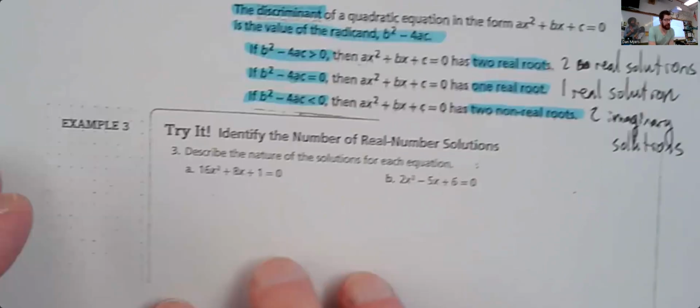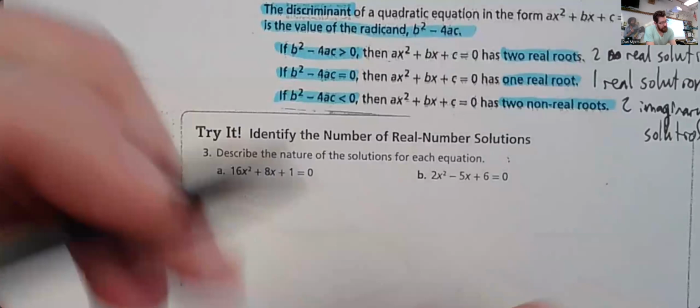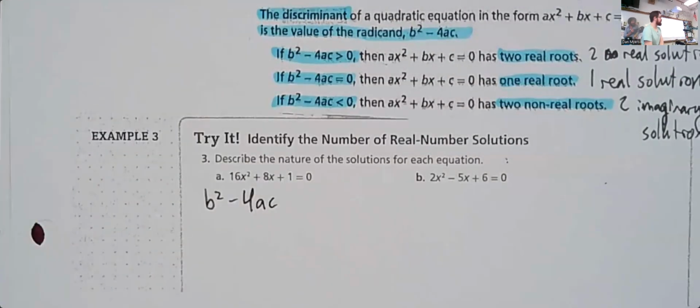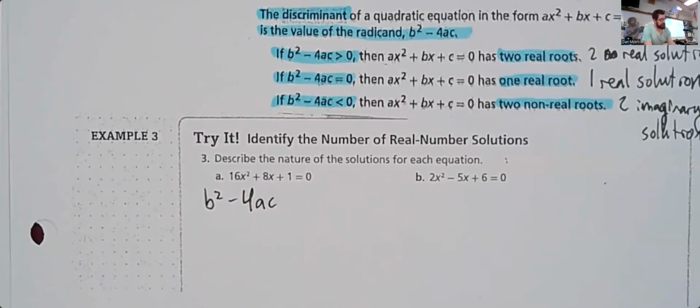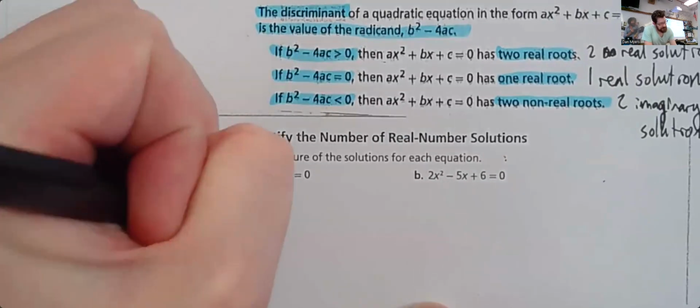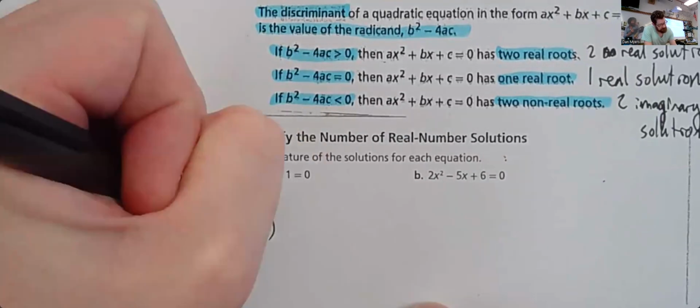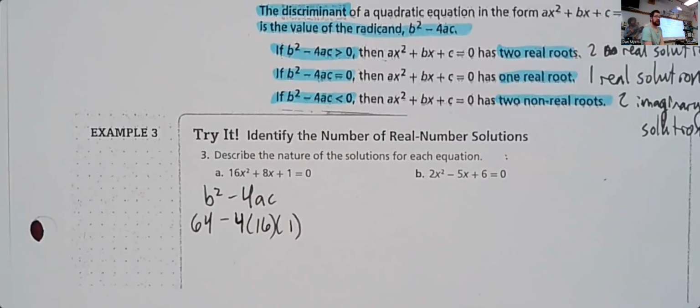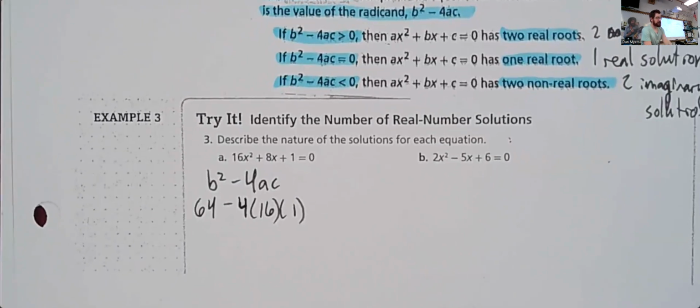So for A, here we go. All we have to do is figure out b squared minus 4ac. That's it. So b is 8, so b squared is 64, minus 4 times a, which is 16, times c, which is 1. 4 times 16 is 64, times 1 is still 64.